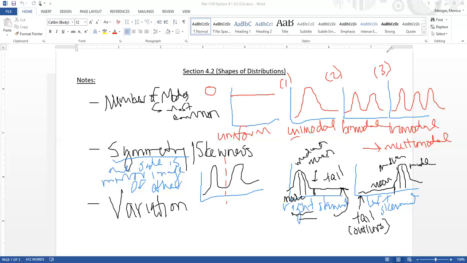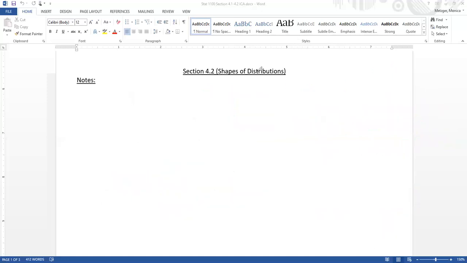Let me go ahead and clear this screen and move down a little bit more just to talk about variation. So I'm going to rewrite variation up here. We're talking about the variation of a distribution, or how the variation affects the shape of a distribution.